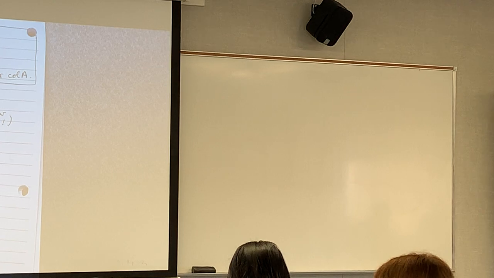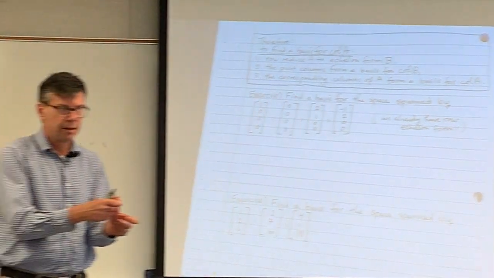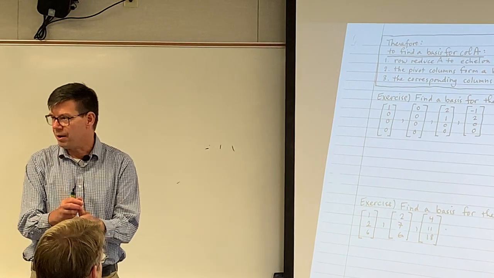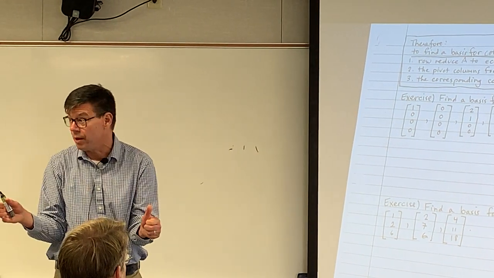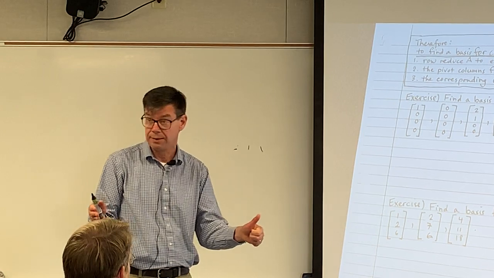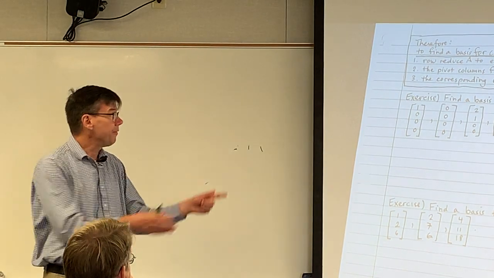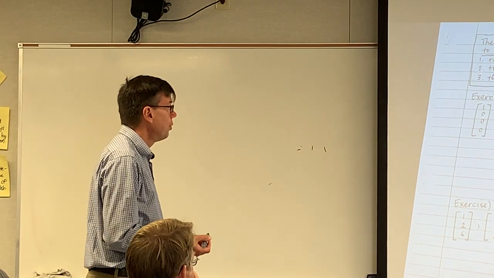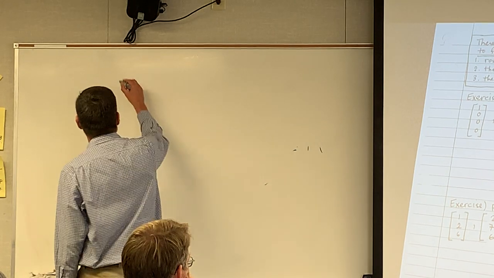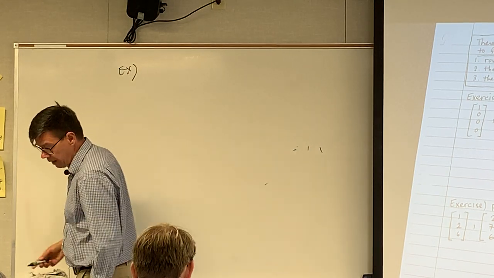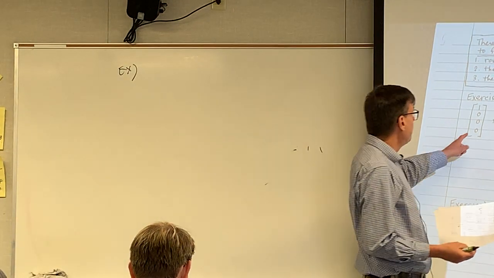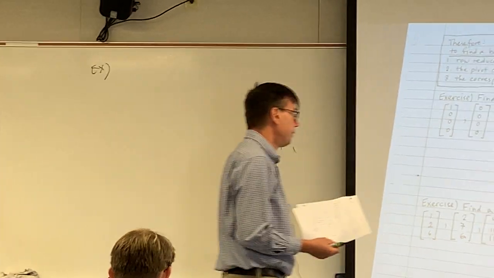So just to situate us right now, there are these two spaces, null space and column space. Finding a basis of the null space, what I was throwing my hands around about, is that we already know how to do that from 4.2. We were finding a basis. We just weren't calling it a basis yet. Finding a basis for the column space is something new that we're going to go through. And so, let's do the exercise here. Find a basis for the space spanned by these vectors.